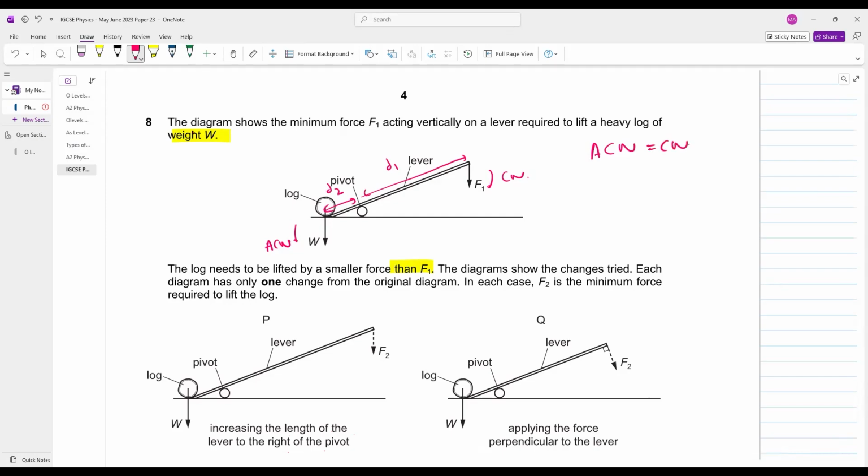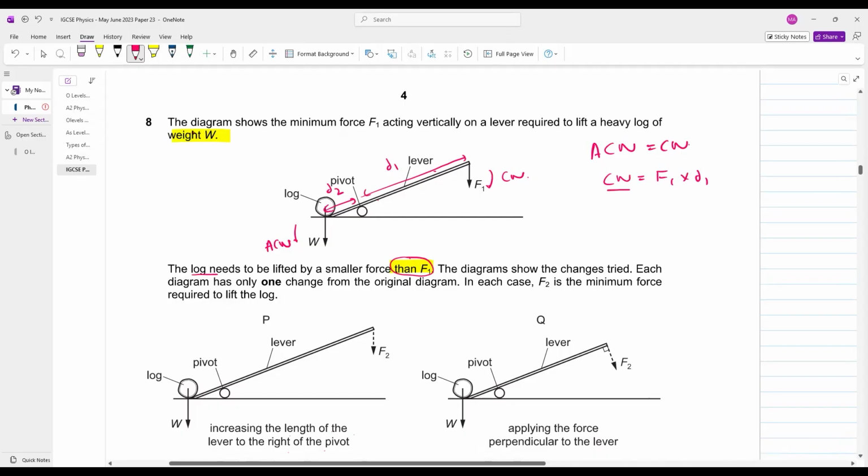Now, clockwise moment is equal to what? F1 into D1. As you can see, force F1 is generating a clockwise moment. The force F1 is acting at a distance of D1 from the pivot. Simple. Now, you want to lift the log with a smaller force than F1.